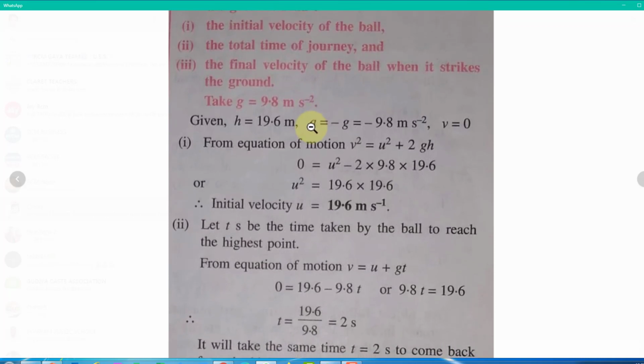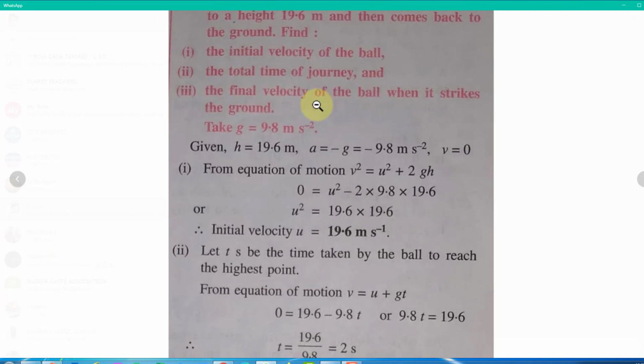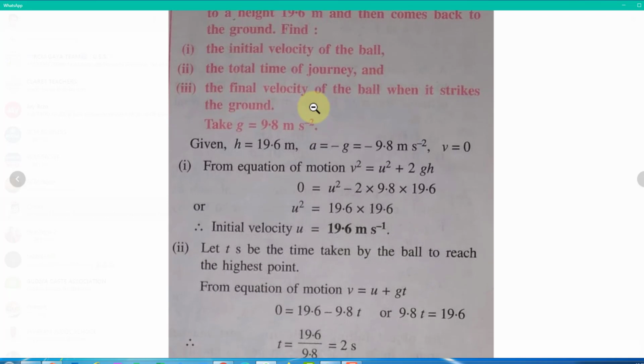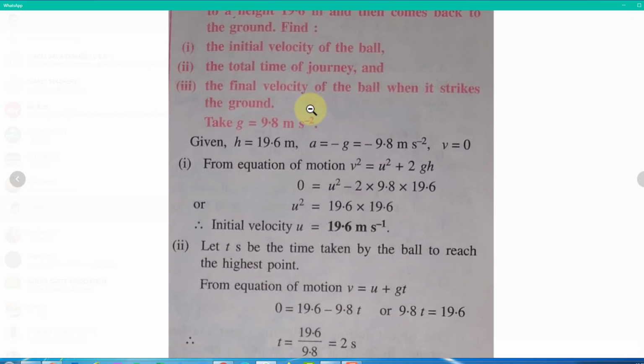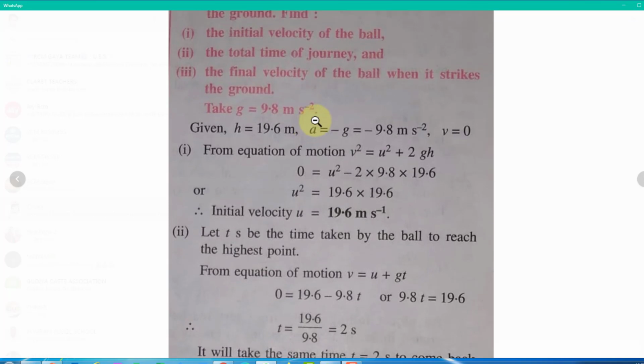Final velocity, with what velocity the ball strikes back the ground. And total time of journey means the time of ascent plus time of descent. Time to reach highest point plus time to reach the ground. Both we have to add, then we get total time of journey.